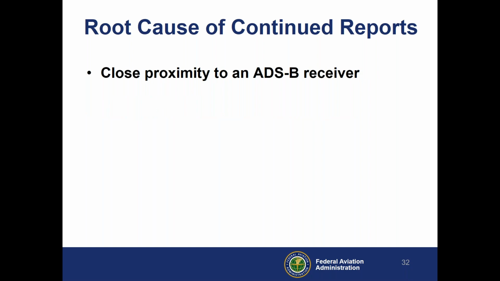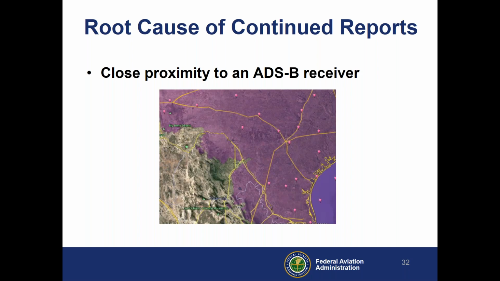Another root cause is if you're in close proximity to an ADSB ground receiver, it can be very challenging to eliminate false targets. And here is the picture that Marcus provided, and I believe at the center of the spider web there in the middle is San Antonio. And so those are ADSB ground stations.